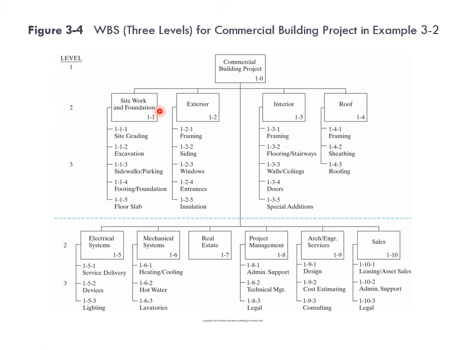And then we can further divide site work and foundation, for example, into subcategories such as site grading, excavation, sidewalks and paving, and so on. So this is a 3-level work breakdown structure for constructing a commercial building.